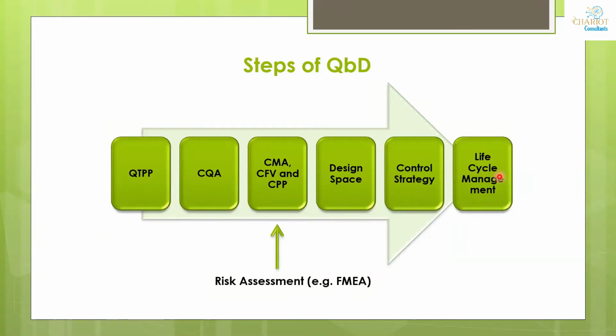So you will evaluate all your CQAs and your CPPs, and then submit the data to the regulatory agency, saying that previously our manufacturing record had this control strategy, but we have also evaluated the increased RPM, and all the tests we are doing to validate all the critical quality attributes are within the specifications. That is what we call life cycle management.